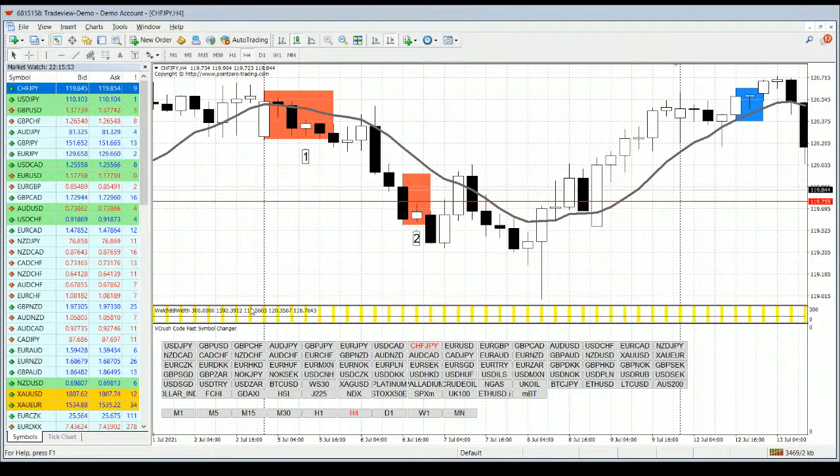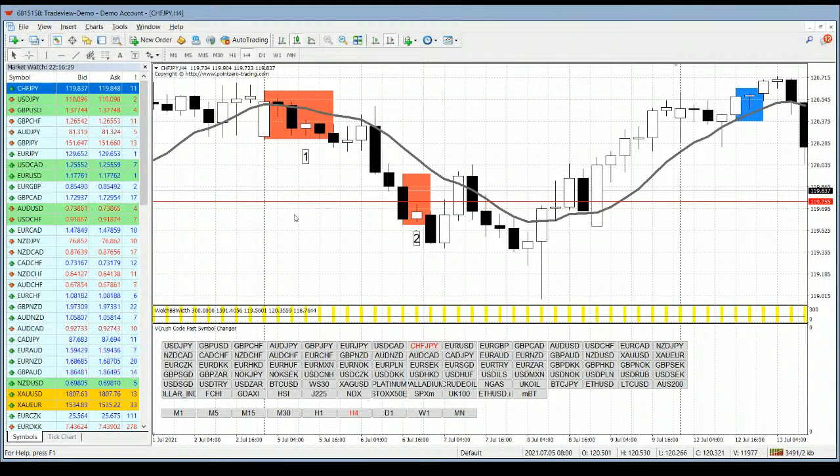Who said what they said? Cecil says no because the bandwidth is yellow. Let's check it out. Look at number 1. Even though, as Ponipe said, it is formed below and it's a bearish breakout which is below the moving average, that is correct, but check, the bandwidth is yellow.